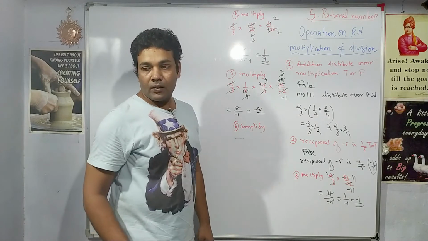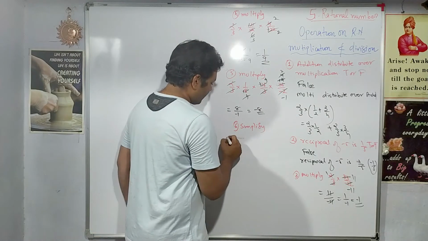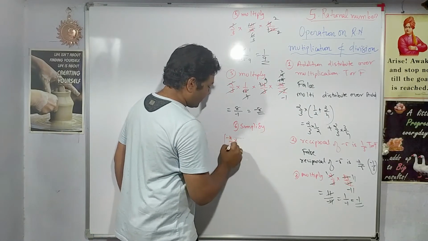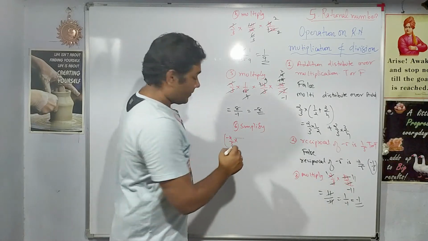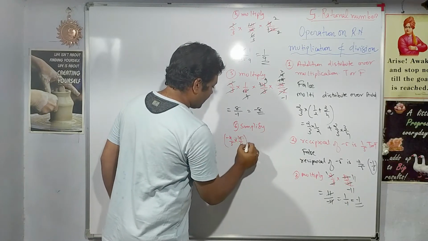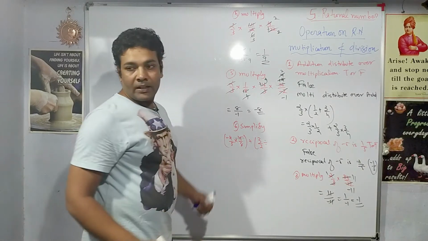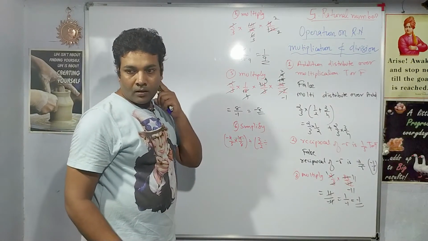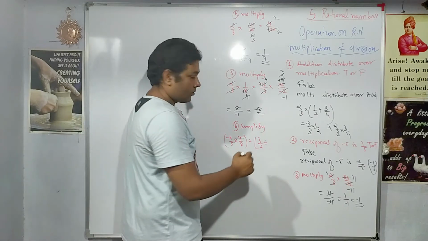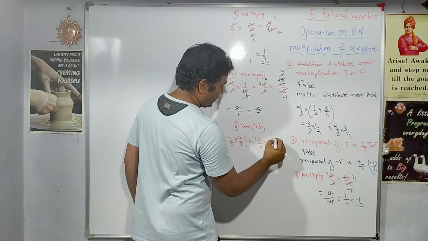So the question is minus 4 by 5 multiplied by 15 by 8 plus 3 by 2 divided by 9 by 2 minus 9 by 2.